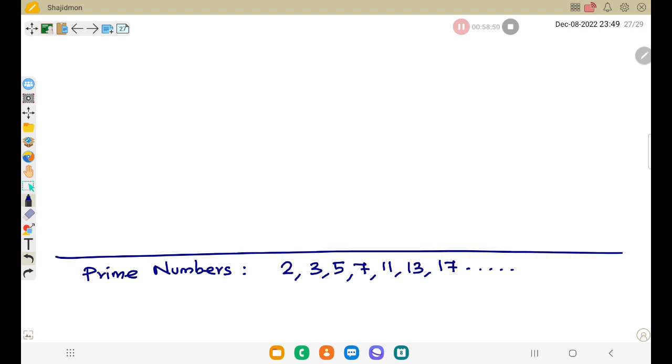These are the prime numbers. We will discuss in module 6 in detail, but you already know the meaning. Prime number means a number whose only divisors are 1 and the same number. That type of numbers we are calling prime numbers.